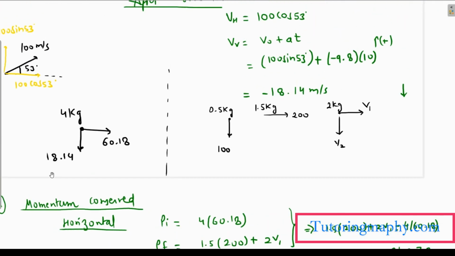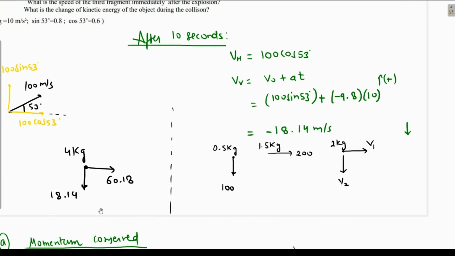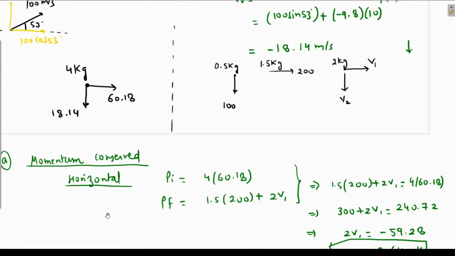Then they are asking for the change in the kinetic energy of the object during the collision.